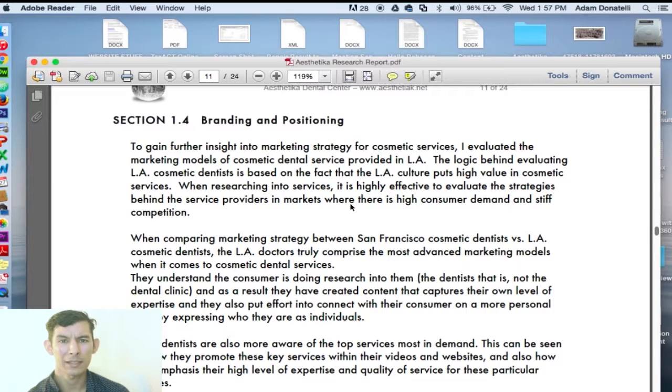The reason I looked into LA is because there is a stronger market for cosmetic services in that area, which means the businesses providing cosmetic services have to invest more into their marketing, be smarter about it, and more strategic. So I looked into the LA dentists to see what they were doing, then compared them to what's happening in San Francisco, and we were able to gain a lot of insight into what's working, and how to brand and how to position.